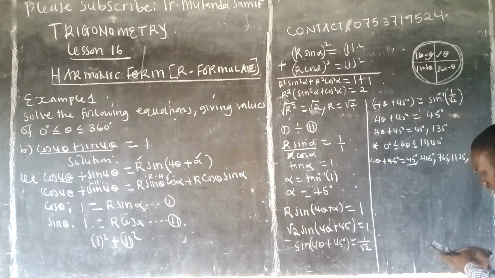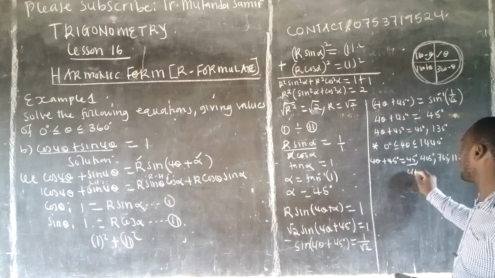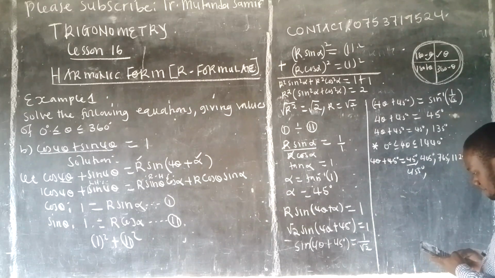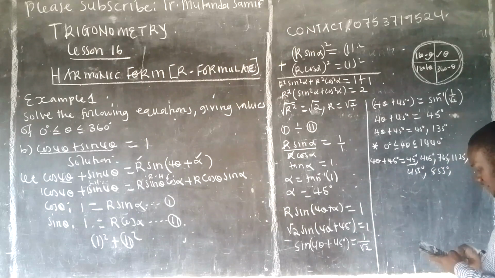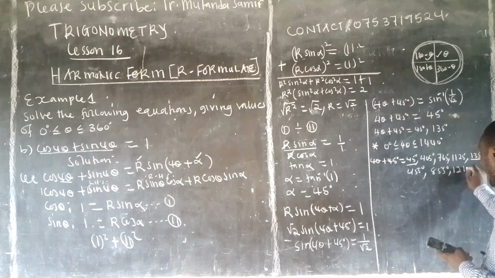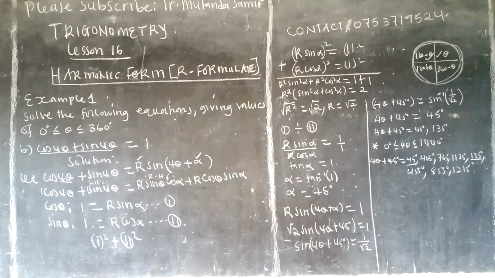You keep adding 360 to 135, that is 495, rather 495, I'll write it here, allow me. 495 degrees, again plus 360 to be 855 degrees, again plus 360. It is 1215, again plus 360, it goes beyond, so we end on that.